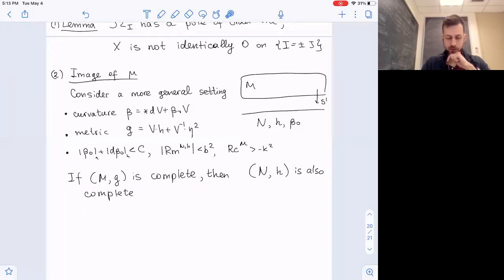So it looks like an innocent statement, but really it will have a lot of consequences for our purposes.